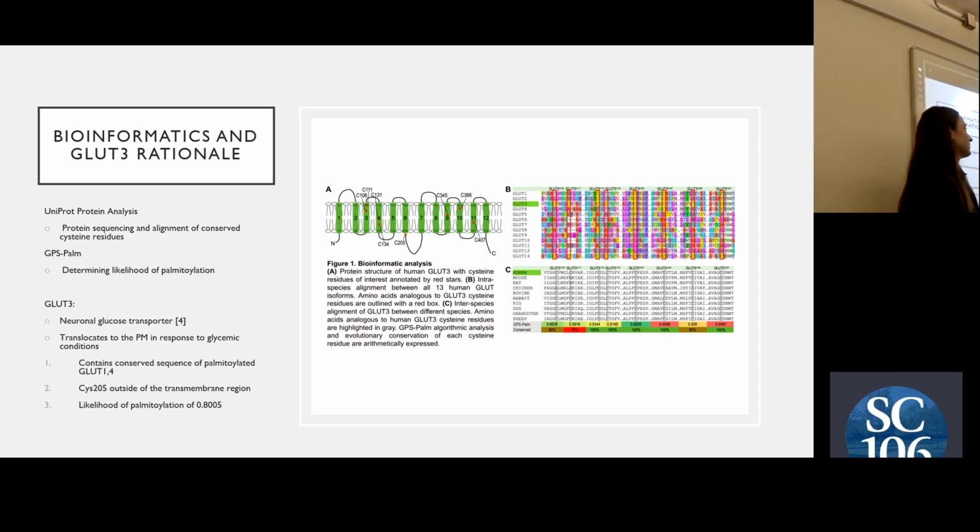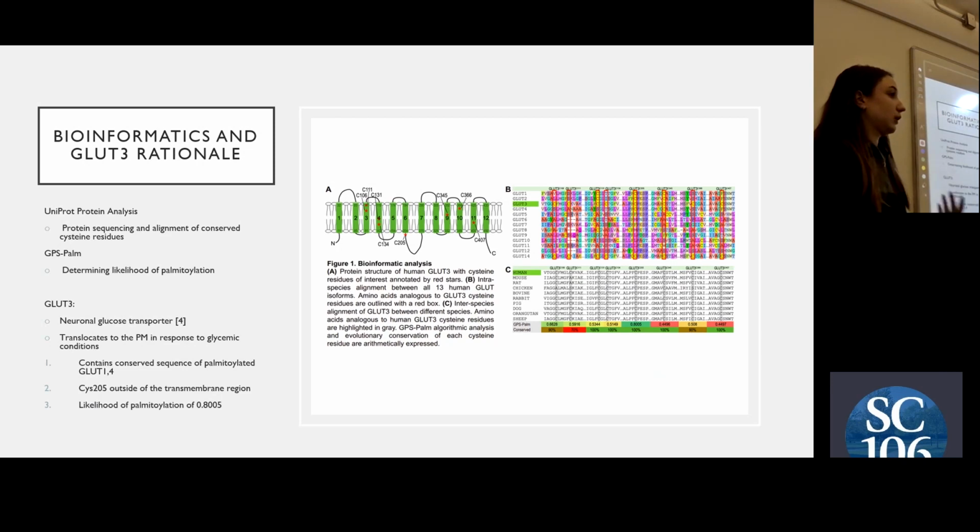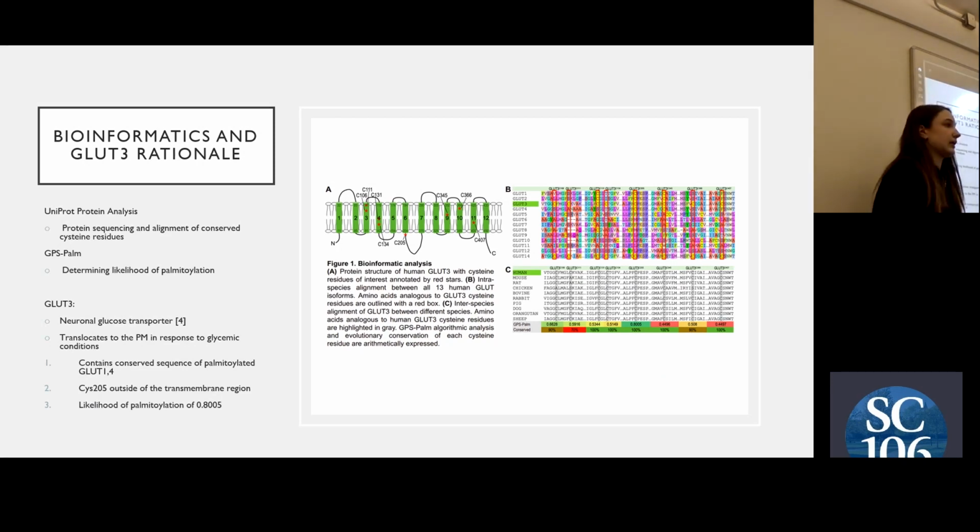We also used the protein alignment to determine the transmembrane region and found that, similar to GLUT1 and 4, which are known to be palmitoylated, this cysteine of interest at 205 is again outside of the transmembrane region, available to be palmitoylated. GLUT3 is the neuronal transporter, providing mostly neuronal cells with the glucose needed for their metabolic needs.